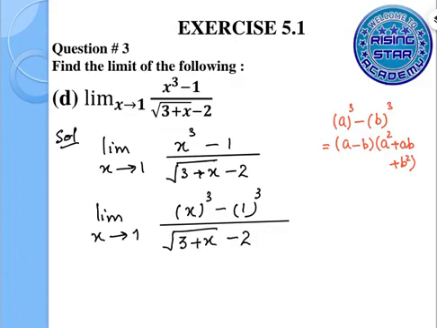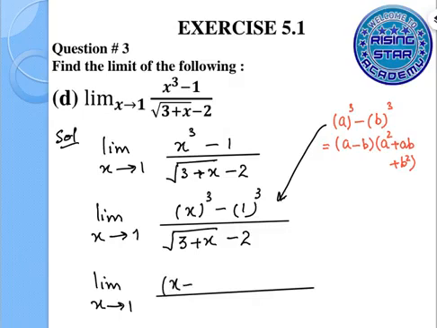So now I apply this formula: limit x approaches 1, that can be written as (x - 1) times (x² + x·1 + 1²), but the denominator value can be written as it is.